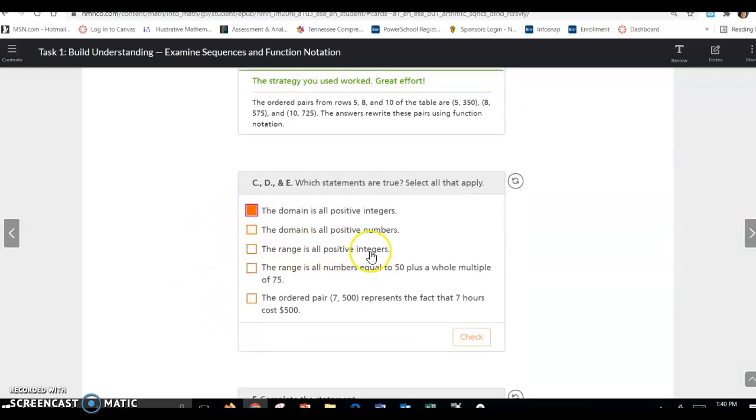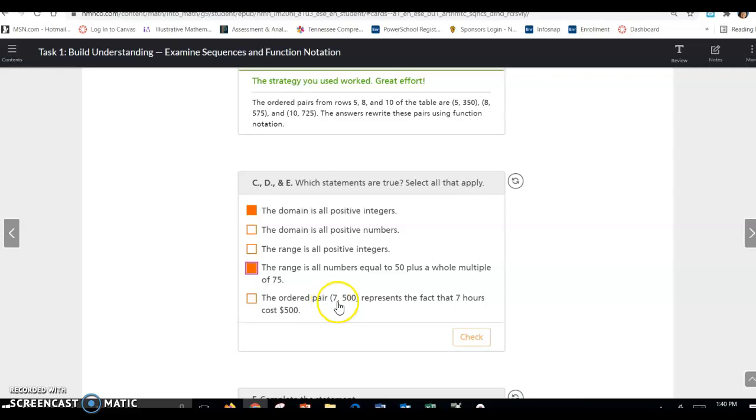The range is all positive integers, or the range is all numbers equal to 50 plus a whole multiple of 75. Well, since every hour is an additional $75, and we started with 50, this one is the better solution than this.